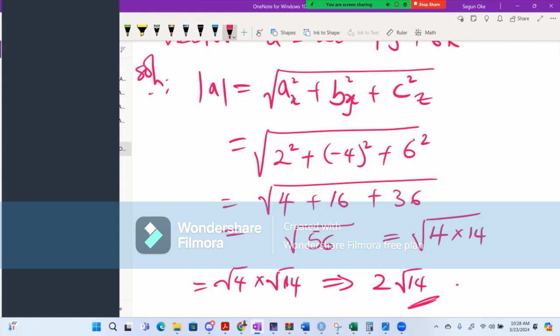Then from the magnitude, they can also ask us to find the angle between A dot B. Let's look at that question, and then I'll give you the formulas to do that. Please keep the formulas and tell a friend.